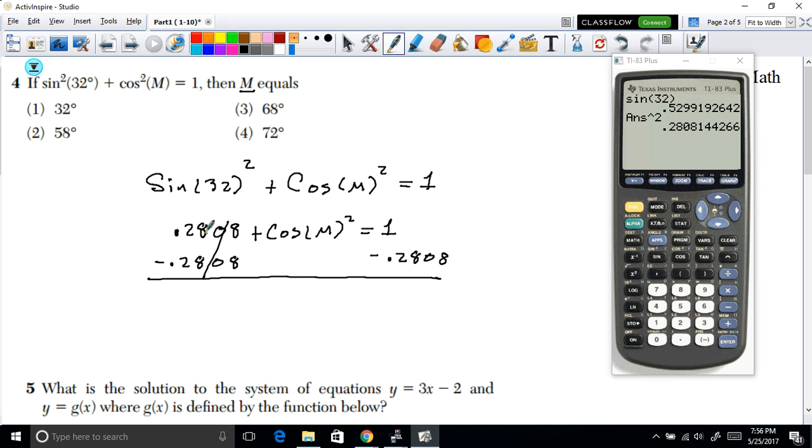And notice that when we do this, we are going to have cosine squared of m equals 1 minus 0.2808, which gives us 0.7192. So notice that we almost have it by itself. We have the second exponent. And in order to cancel out the second exponent, we take the square root.